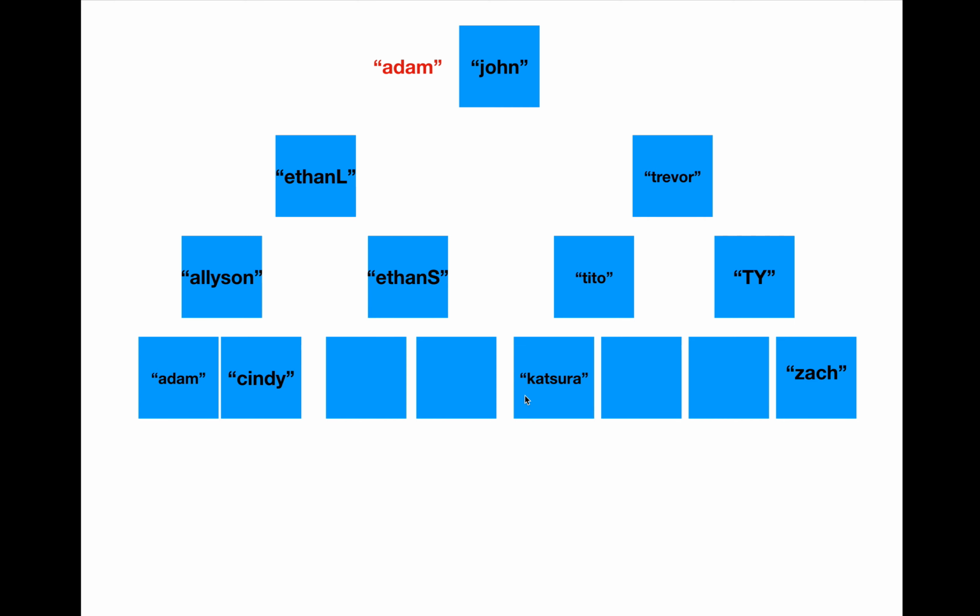First, we're going to compare Adam to the root. The root is not Adam, so then we ask, is Adam less than or greater than the root? In this case, alphabetically, Adam would be less than.